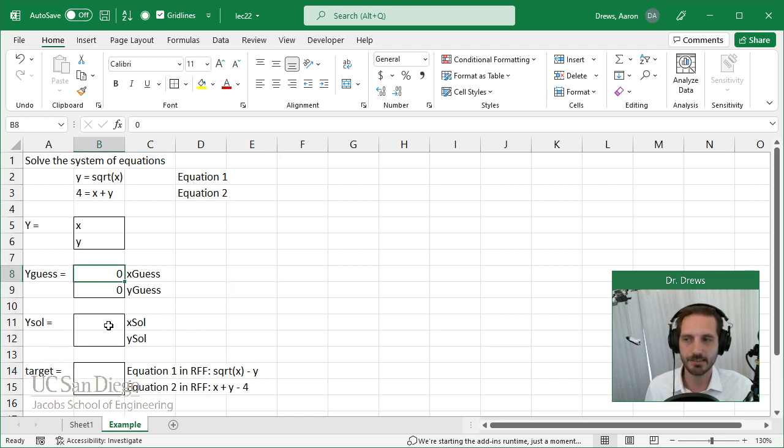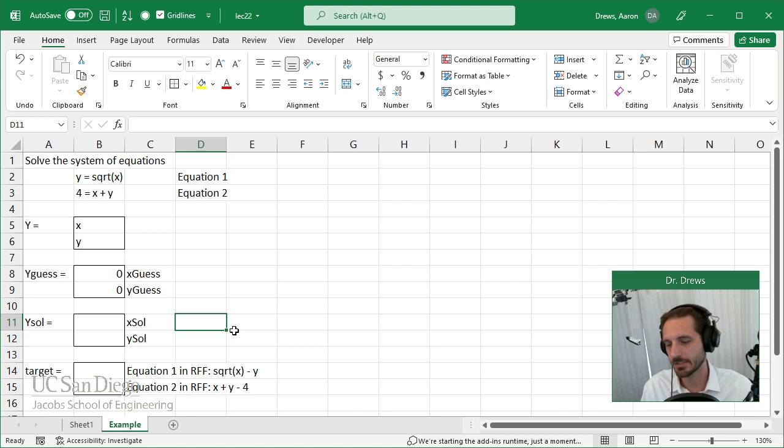The initial guess is what it initially puts into x-sol and y-sol so that it can get started with its target operation, so that it can say, all right, I got to get this close to 0. Where do I start? Well, I can't generate my first estimate of a target until you tell me roughly where to go with my solutions.